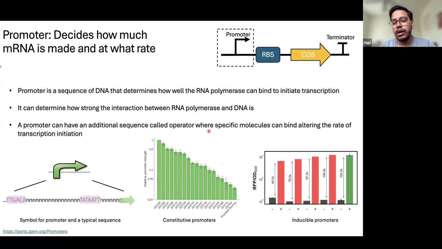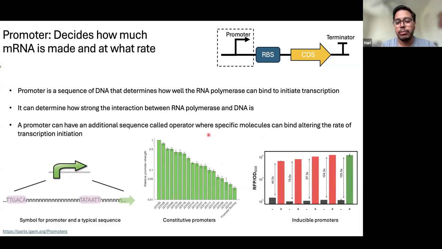Broadly speaking, we can have two different types of promoters. One is the constitutive promoter, which is always expressing, always facilitating the production of mRNA. And then we have something called inducible promoters.